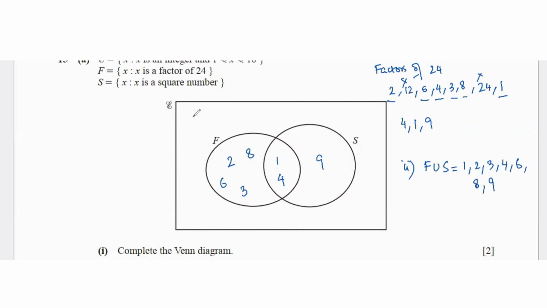So outside we have 5, 7, and 10. So F union S complement includes 5, 7, and 10. So that means for the number, it's 3 elements.